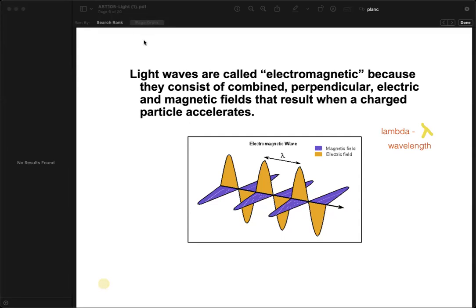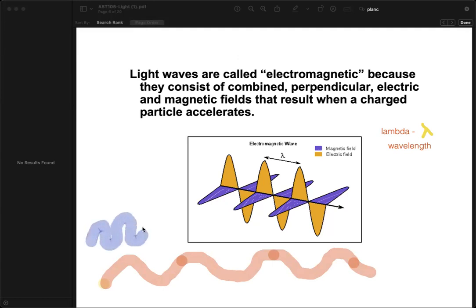So the red wavelength would look something like this. On the other hand, if we go to the blue or the violet end of the spectrum, the wavelength is going to be short, and so it's going to have more smaller squiggles. And that is what is meant by the short wavelength and the long wavelength.